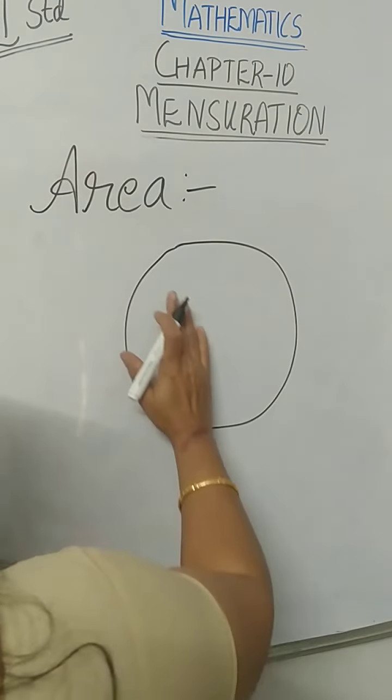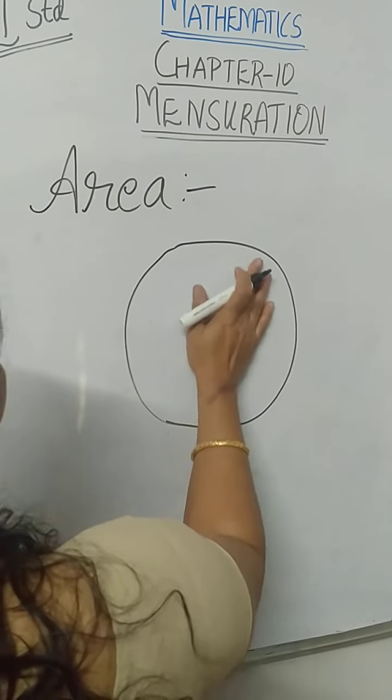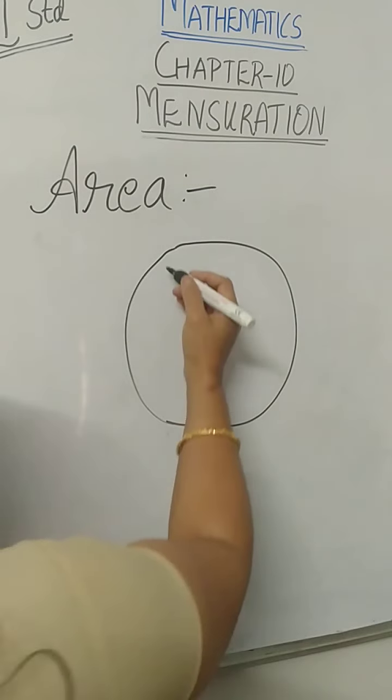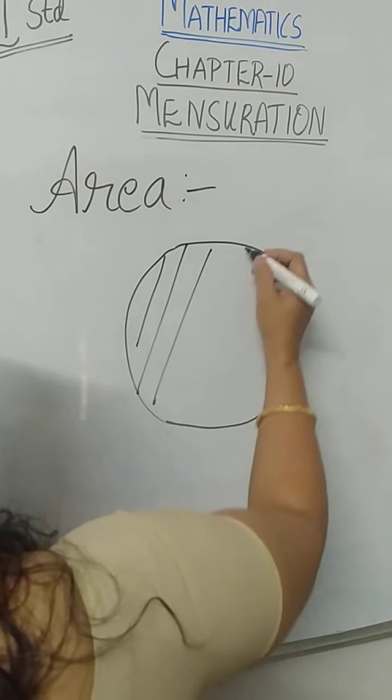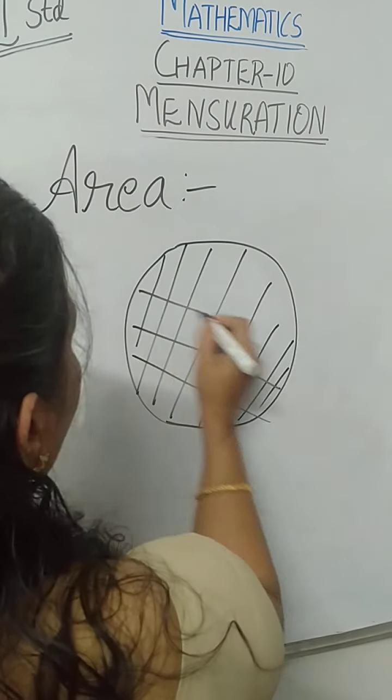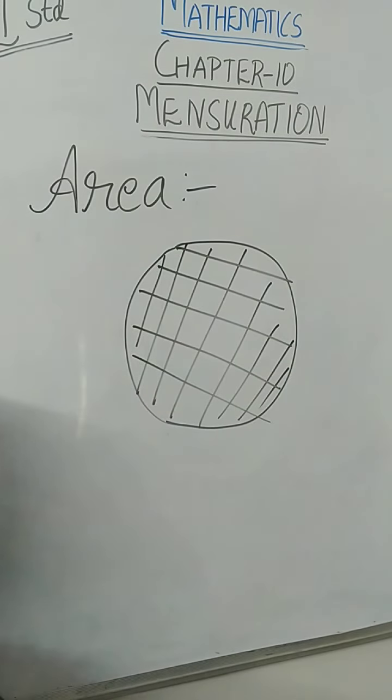The space this circle has occupied is called its area. See, now this has occupied so much of space. This space is called the area. Let us learn how to calculate the area of different figures.